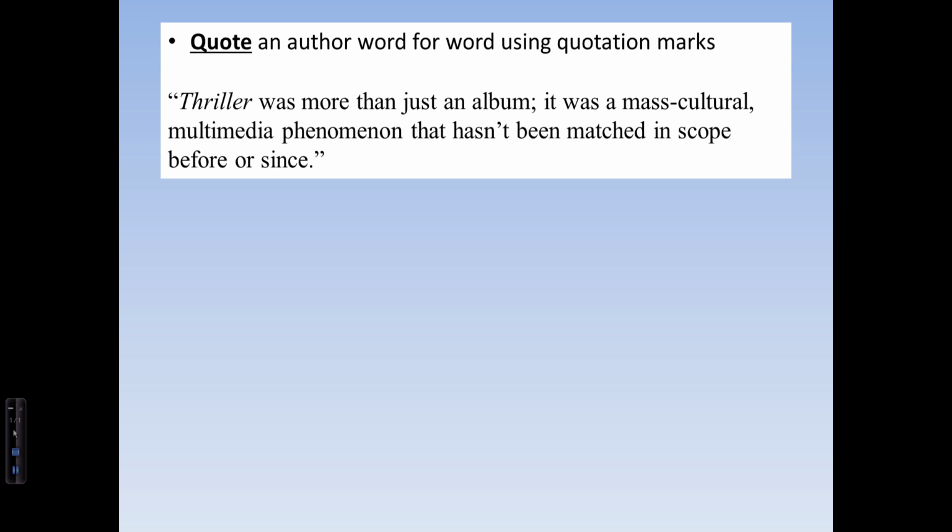It must match the source document word for word and must be attributed to the original author. We put quotation marks around the quote to show it is word for word from the original source. The quote we're using here is, "Thriller was more than just an album. It was a mass cultural, multimedia phenomenon that hasn't been matched in scope before or since." Since these are the author's words taken directly from the book, we put them in quotation marks.